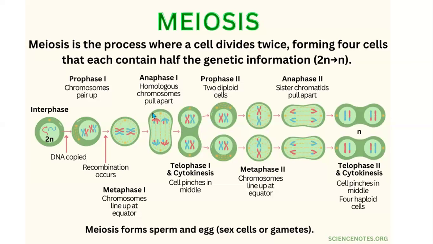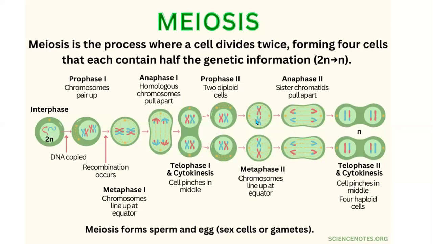Then we enter the same story, except that now here we no longer have crossing over. There's no crossing over as we saw in prophase 1. We just have these chromosomes thickening and becoming more visible. Then they line up at the equator, and then they are separated by the spindle fibers.